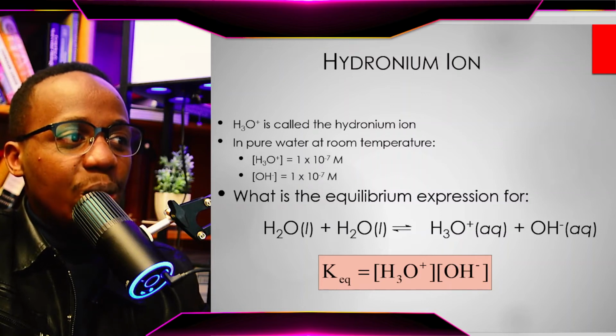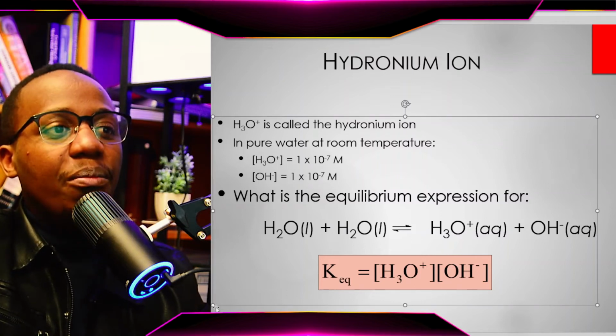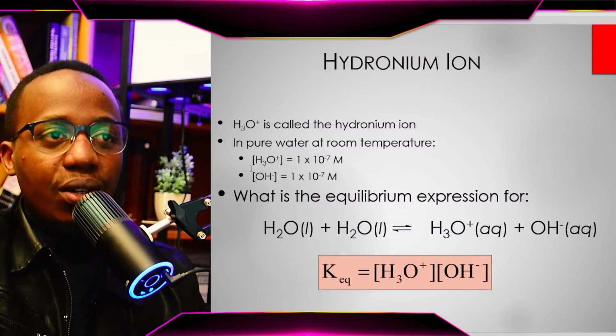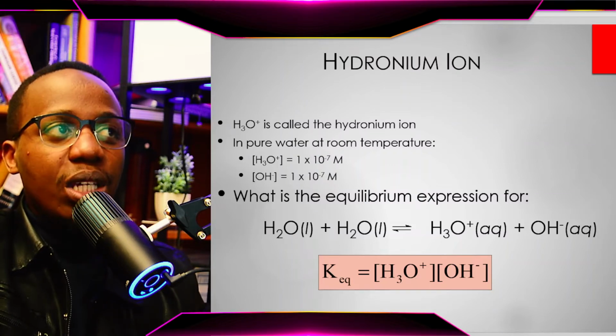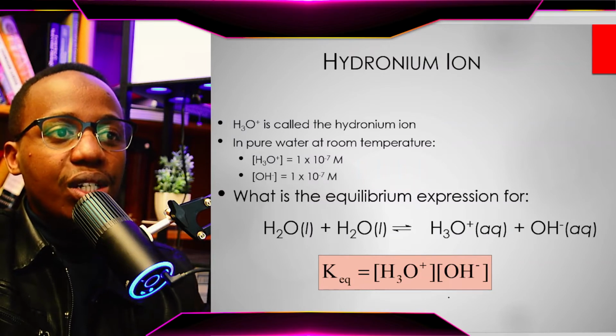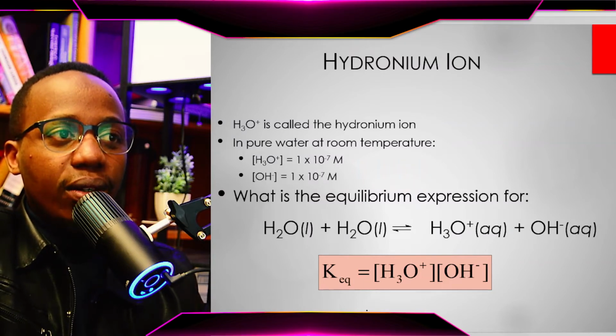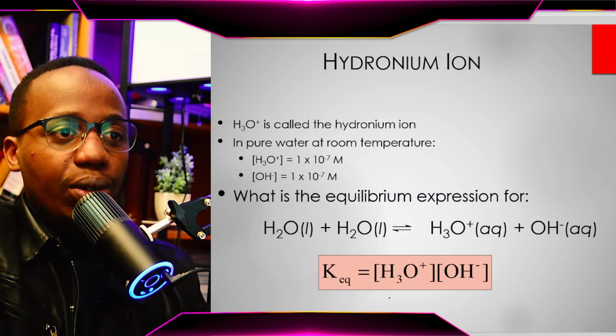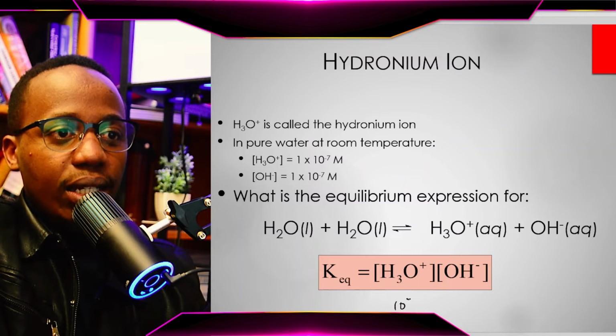This is a very special KEQ. Why? Because in room temperature water, the concentration of H3O plus and the concentration of OH minus are going to be equal, and they are usually equal to 10 to the negative 7 molar.